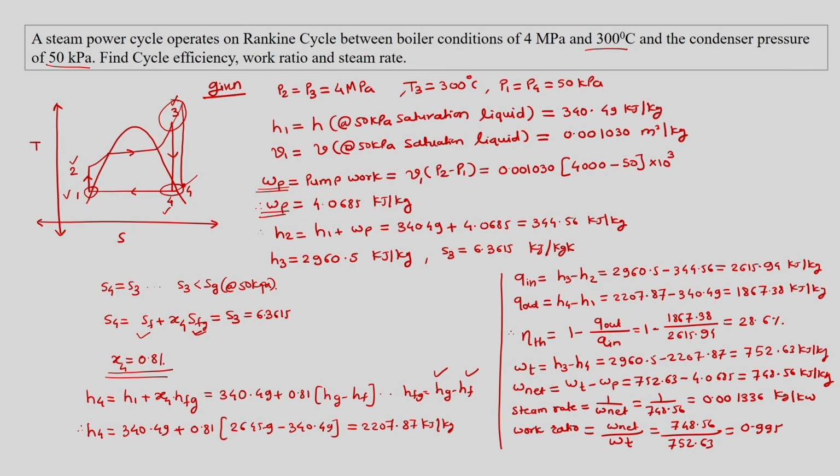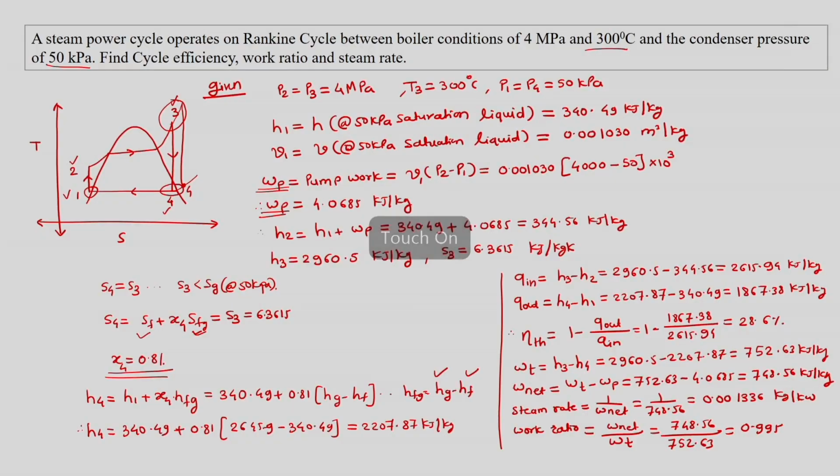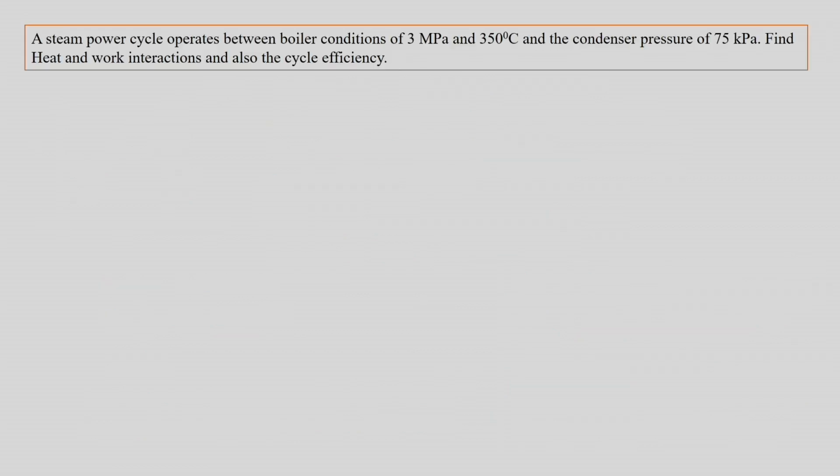Then we can interpolate and find out the condition at our desired 300 degrees Celsius. So we need to practice that if some data is unavailable from the given data, we should extrapolate or interpolate to get the conditions required.